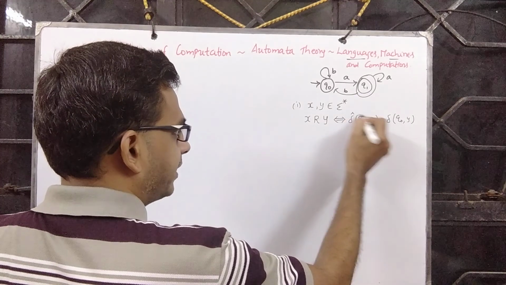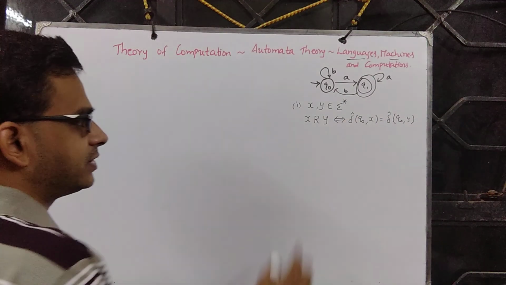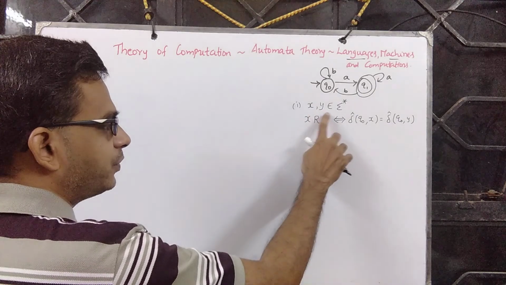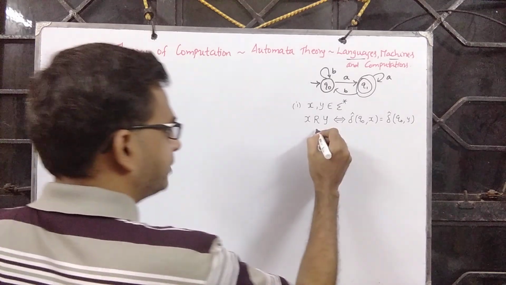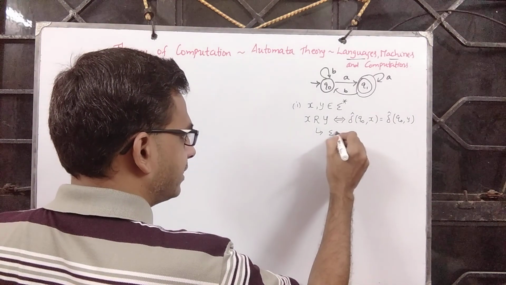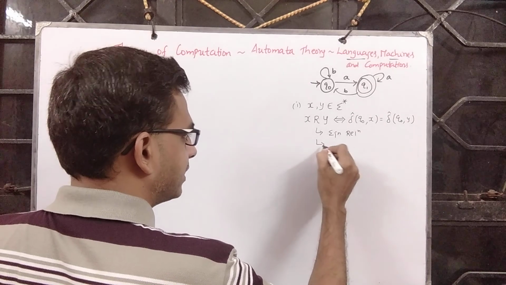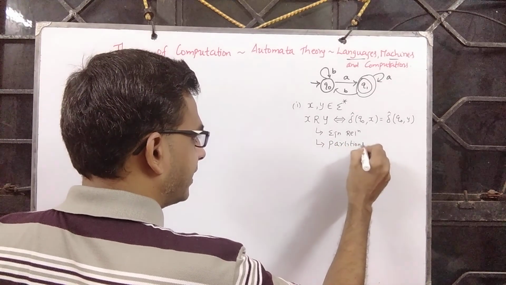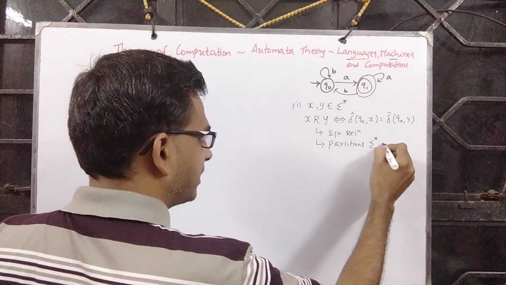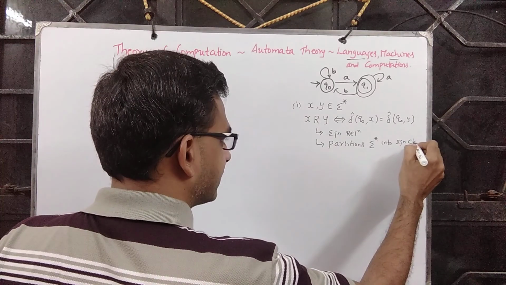If they are same, then these two strings are related. It's a string, so let me use delta cap. So this tells you that any two strings in sigma star can be related using this. Subsequently, we have proved this relation is an equivalence relation, which means this relation partitions the underlying set, sigma star, into equivalence classes.